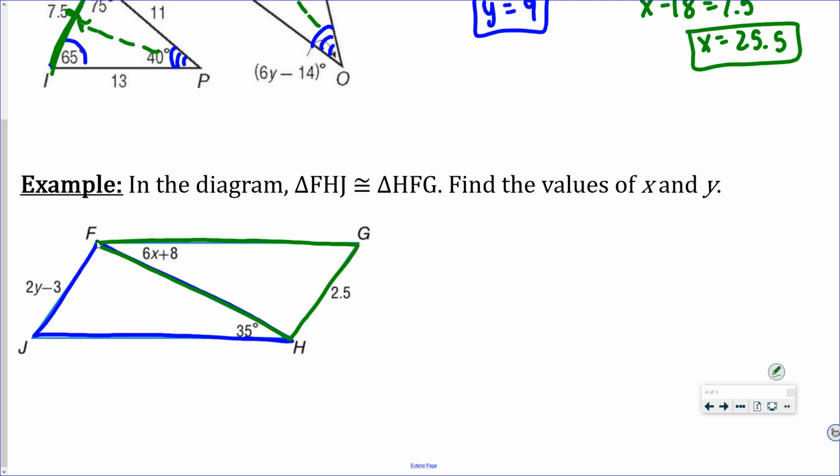So if they're listing angle F first in the blue triangle, it's congruent to angle H. Let me use my colors here. I'm trying to think of the best way to do this. Angle F in the green triangle we know is congruent to angle H in the blue triangle. So we know this one is congruent to this one.